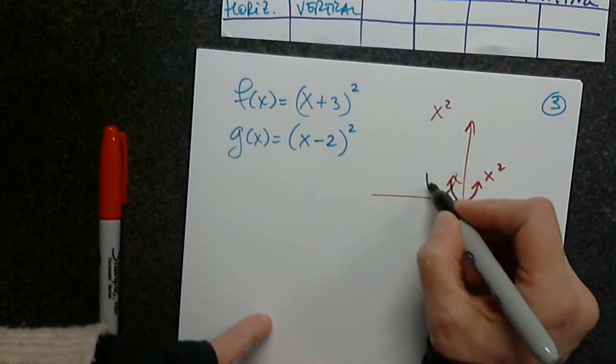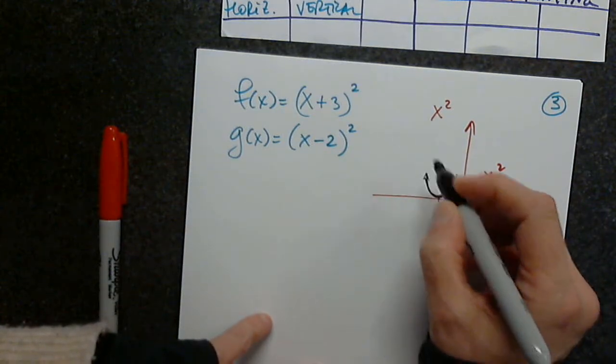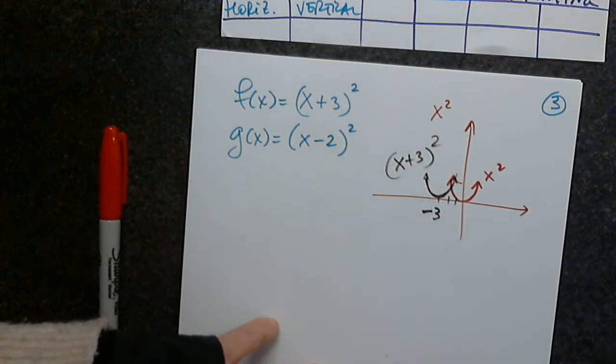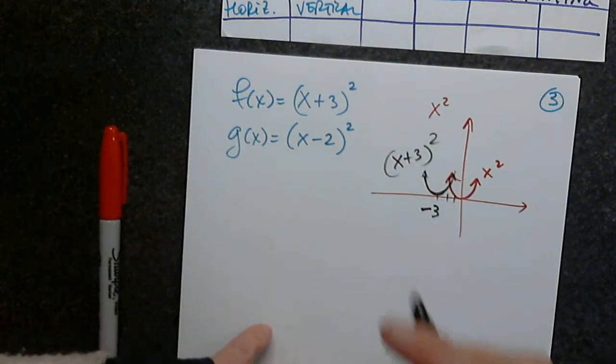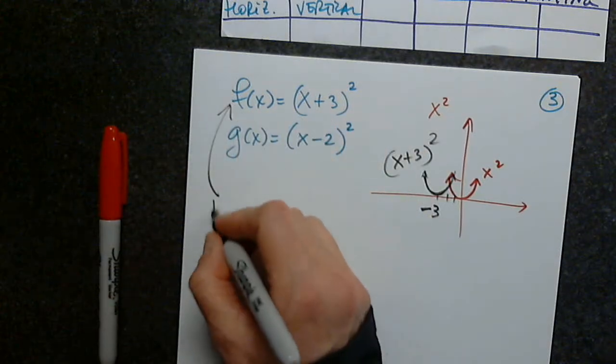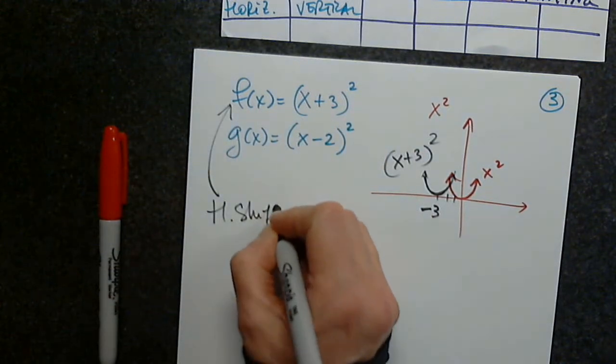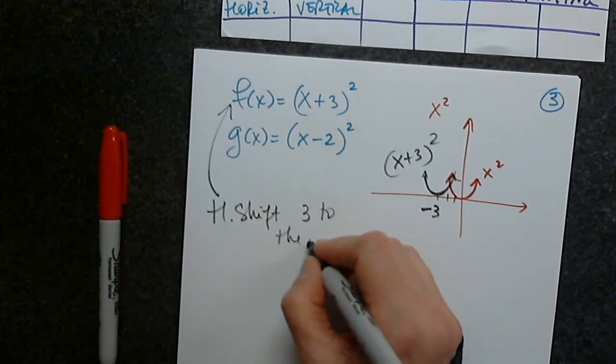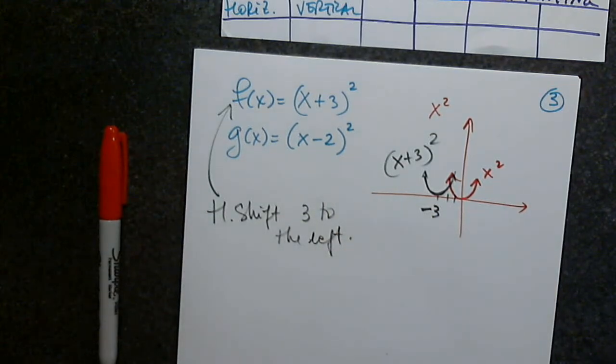So this is x plus 3 squared, and it shifts right on top of negative 3. So this first function is a horizontal shift 3 units to the left.